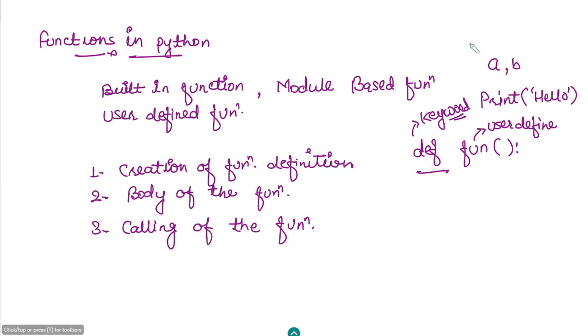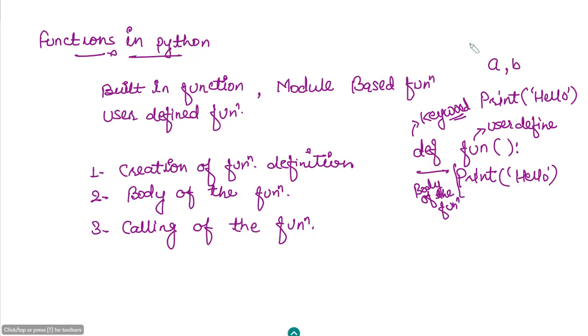So you give some indentation, and this is your body of the function. Suppose you write a print statement, which can be anything like hello. This is the body of the function.